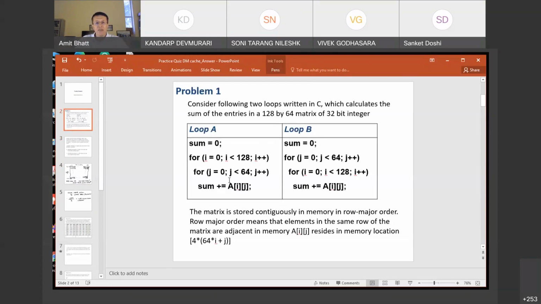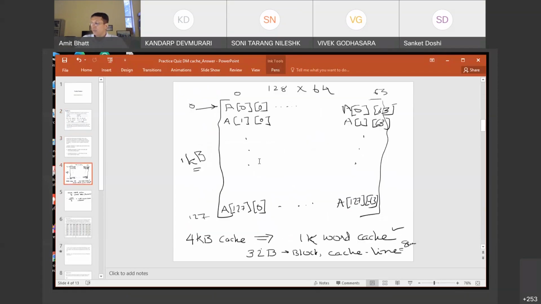Now here you see that you are accessing elements in a row manner. So ij, right?